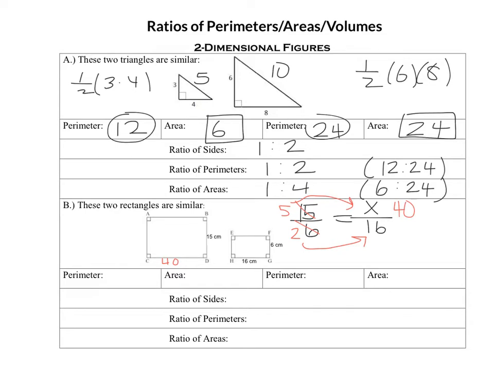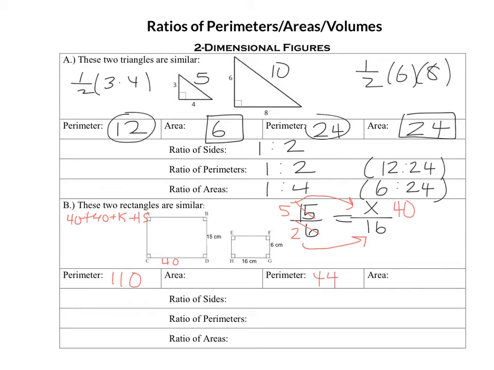So the perimeter would be 2 lengths and 2 widths. So perimeter would be 40 plus 40 plus 15 plus 15. So that's 80 plus 30, so we have 110. And the other perimeter, we would have 2 16s, that's 32, plus 2 6s, that's 12, so 32 plus 12, that's 44.